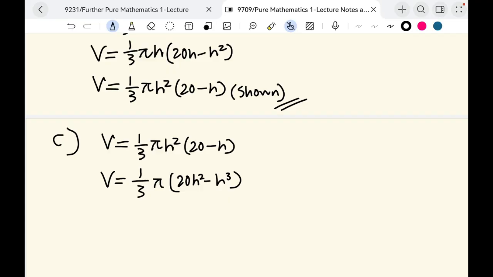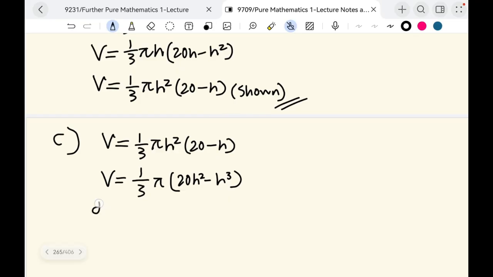Then you differentiate it, which is dV/dH equal to 1/3 pi (20 times 2, which is 40H, minus 3H squared).